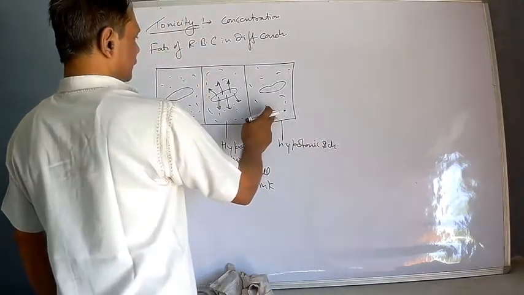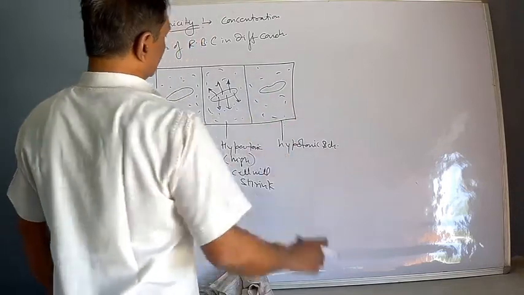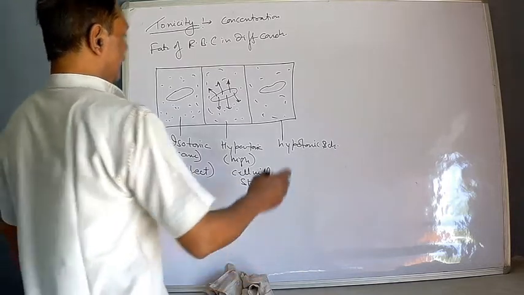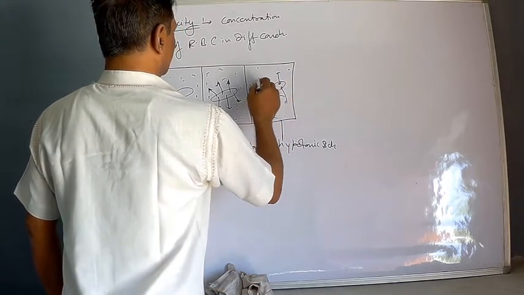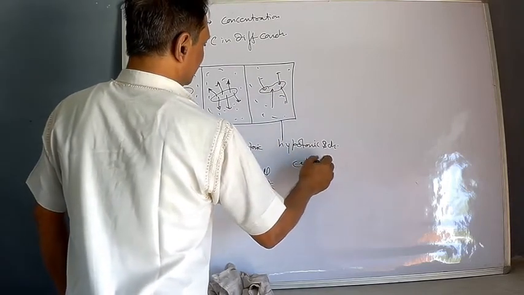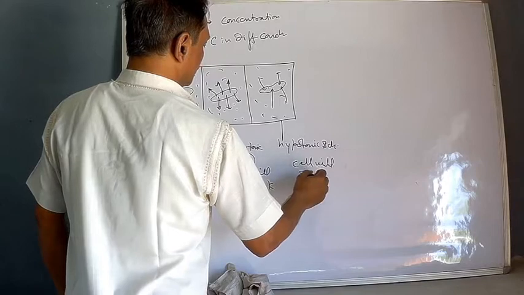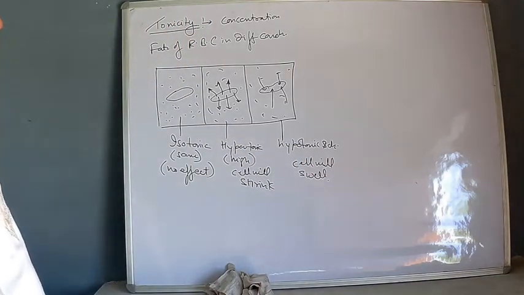Hypo means less, so RBC has higher concentration, and outside it is lower concentration, so water starts moving from lower to higher. So water will enter into the cell, and ultimately the cell will swell and finally burst. So this is the fate of RBC in different concentrations.